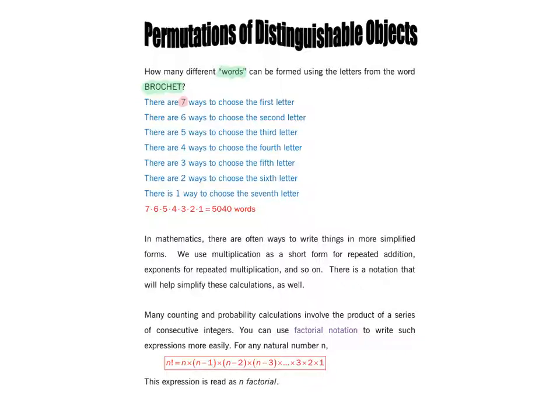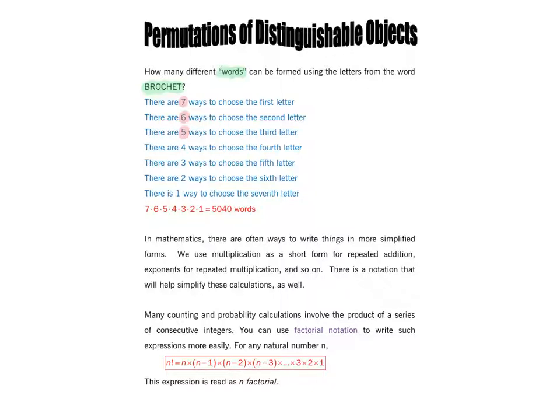So then there are 6 ways to choose the second letter. Okay? And once that second letter is chosen, then there's 5 ways to choose the third letter.